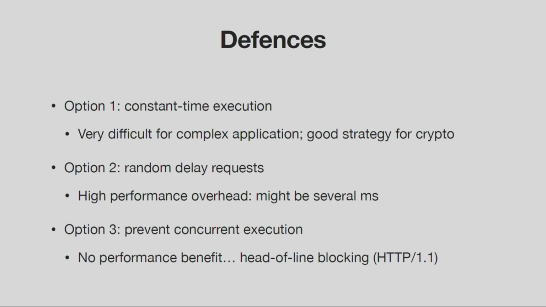There, I think it's very, very difficult to have a constant time execution. So that's not really an ideal strategy. Then another option, option 2, is to add some delay to the requests, because this would kind of simulate the jitter that you would observe on the network path.